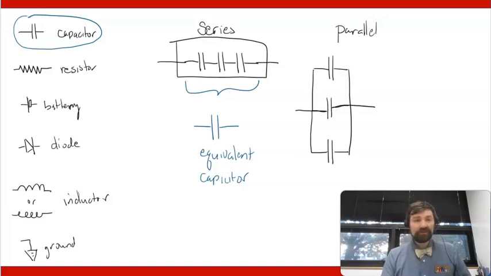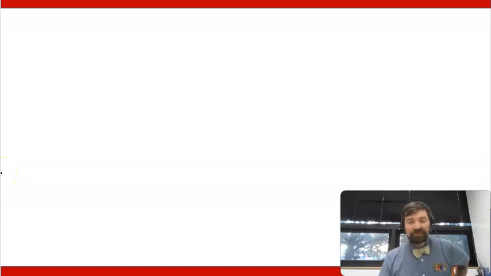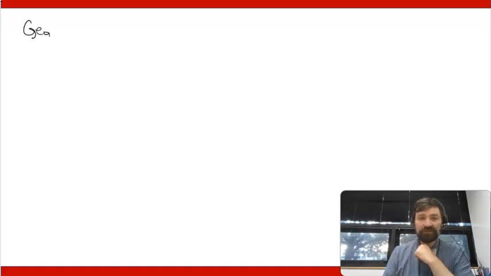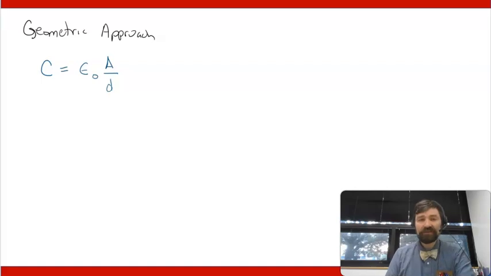Now there are a couple of ways of approaching parallel and series combinations. There's a geometric approach. The geometric approach looks like this. You have the capacitance C. It's given by epsilon naught times plate area divided by distance separating the two plates.